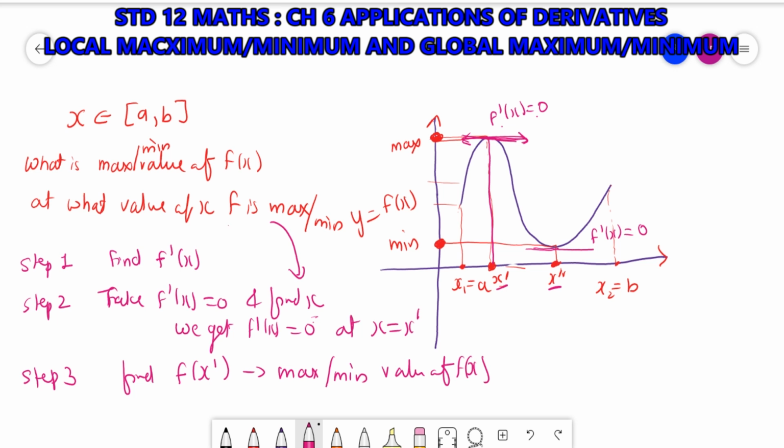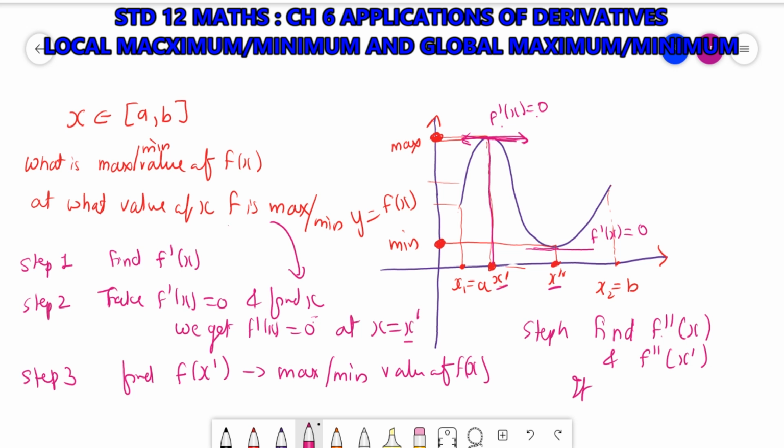Now, how will you know whether this is maximum or minimum? So, for that, step 4, find f double dash x and then f double dash x dash. Put this value of x dash in f double dash.